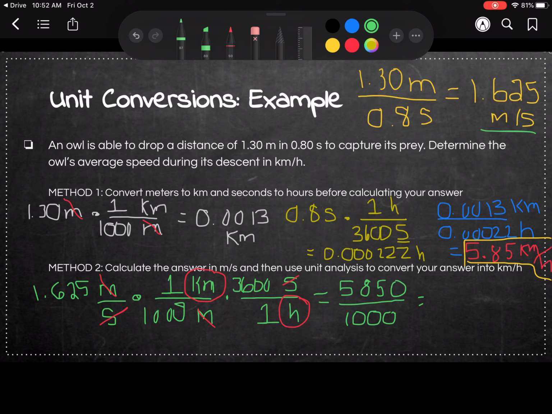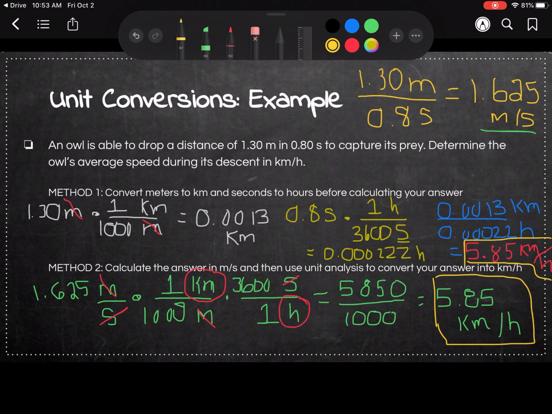So I'm multiplying across the top, multiplying across the bottom, and then once I've got those two answers, I'm doing the division. 5850 divided by 1,000 is 5.85. That's kilometers an hour, and if you note, it's exactly the same as above.